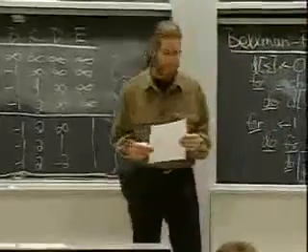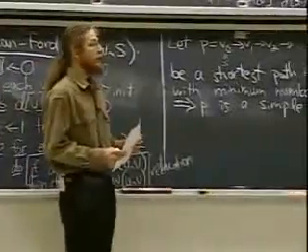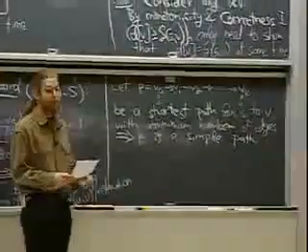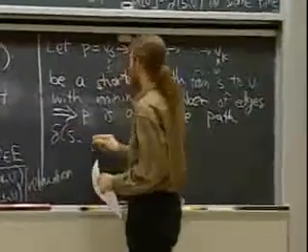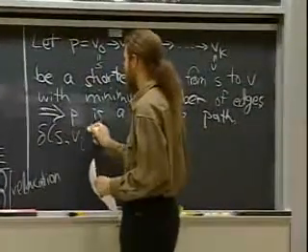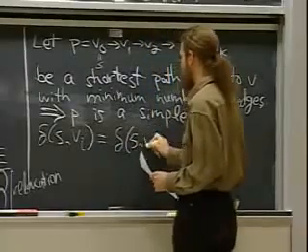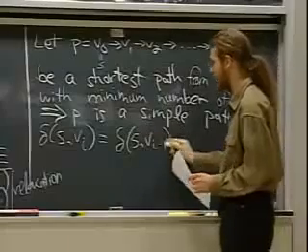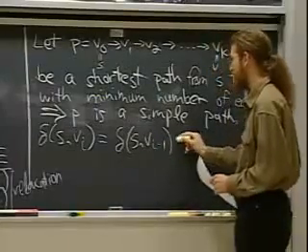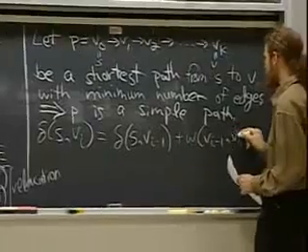Okay. Now, what else do we know about this shortest path? Well, we know that subpaths of shortest paths are shortest paths. That's optimal substructure. So we know what the shortest path from s to vi is, sort of inductively. It's the weight of the shortest path from s to vi minus 1 plus the weight of the last edge, vi minus 1 to vi.